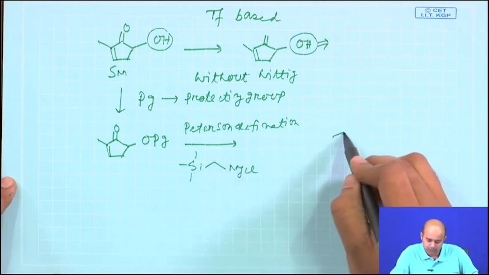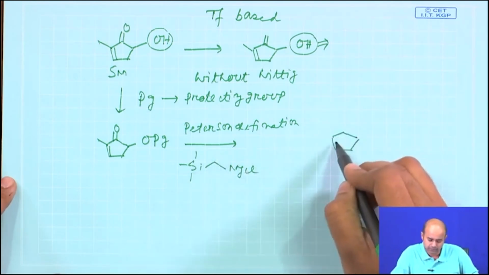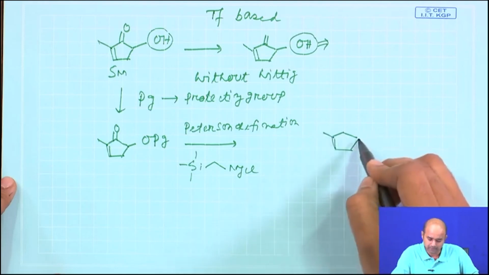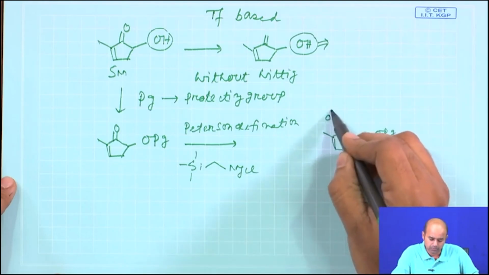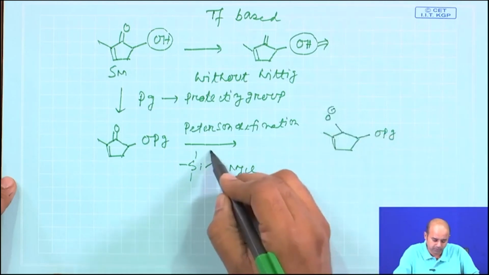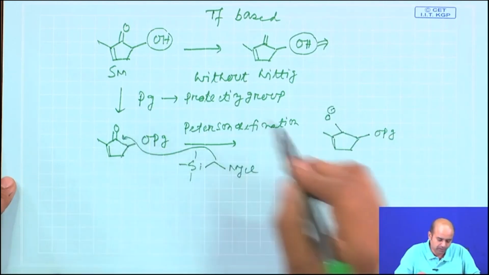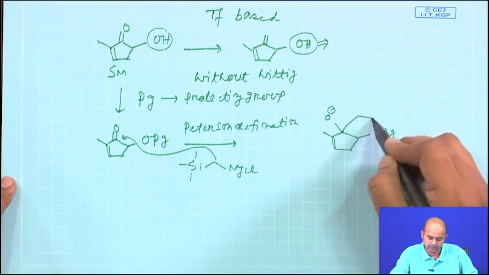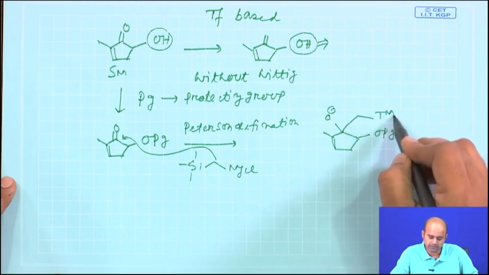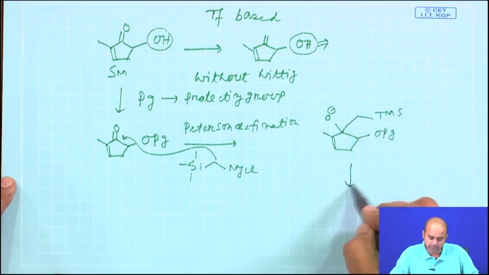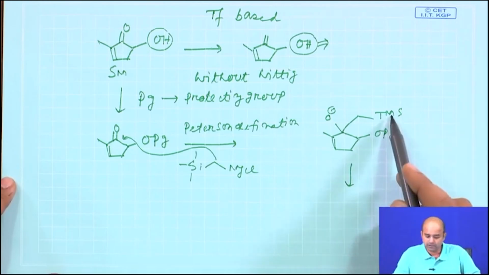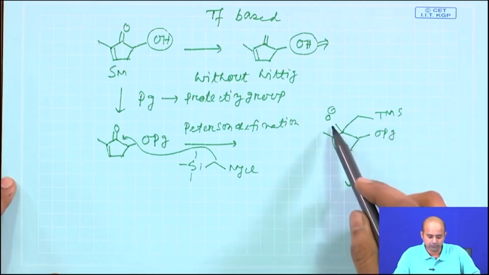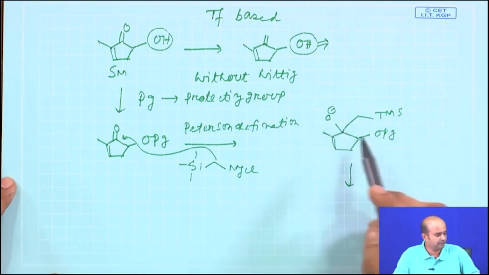So, the first step is basically you have OPG here and you will be getting O minus, your TMS CH2 basically attacks the carbonyl here and you get CH2 TMS. The situation demands the next step is basically elimination of this silicon group as well as this oxygen.